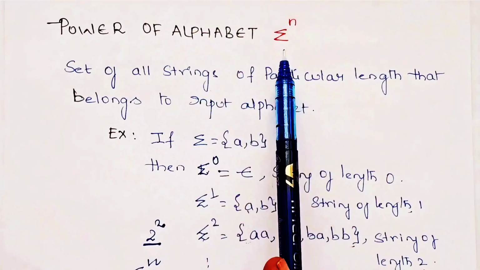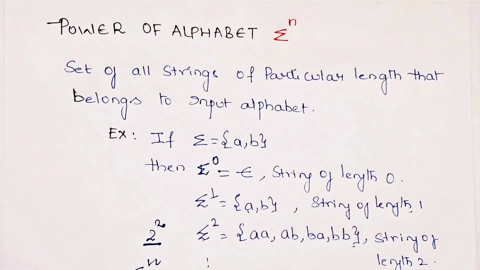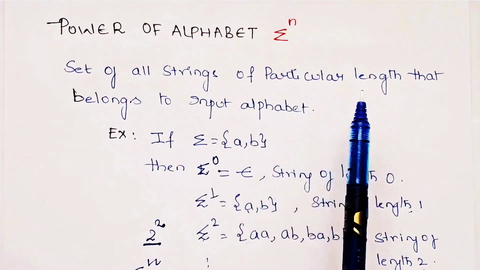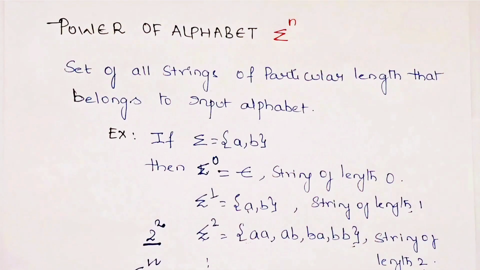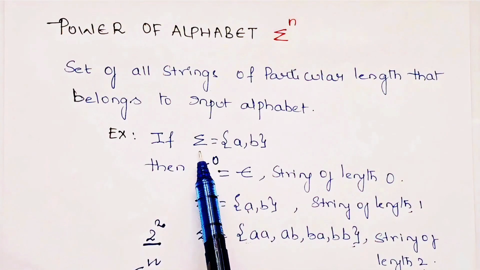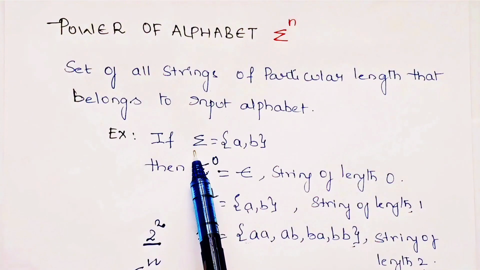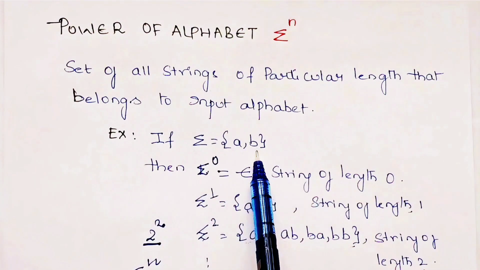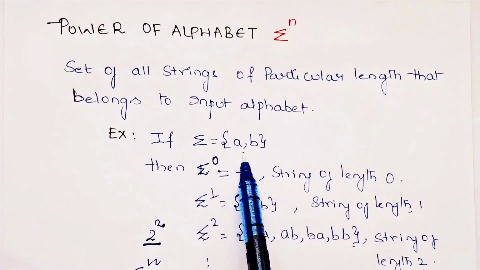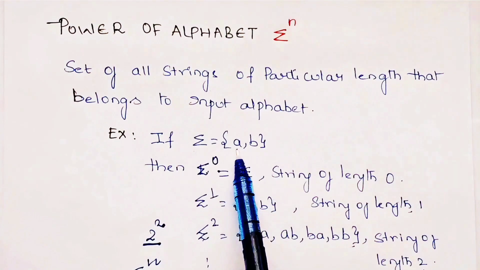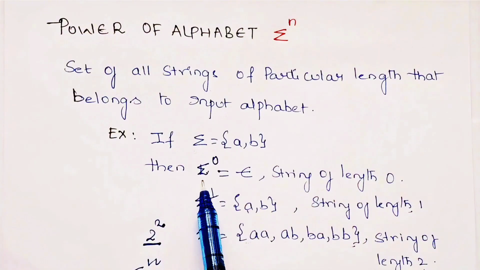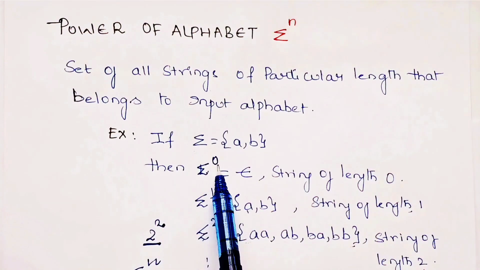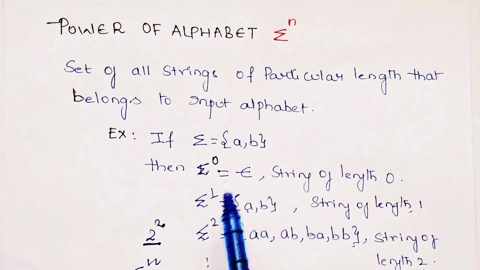Power of an alphabet is denoted by sigma power n. It is defined as the set of all strings of a particular length that belong to the input alphabet. Now let us consider the following example. Let us consider the input alphabet sigma as {a, b}. It means that the input language considers the two symbols, either a or b, of any length. Now let us move to sigma power 0. Zero indicates the input strings of length 0, which means epsilon.